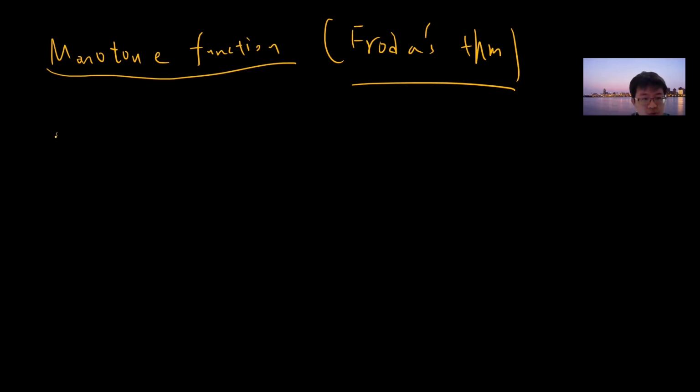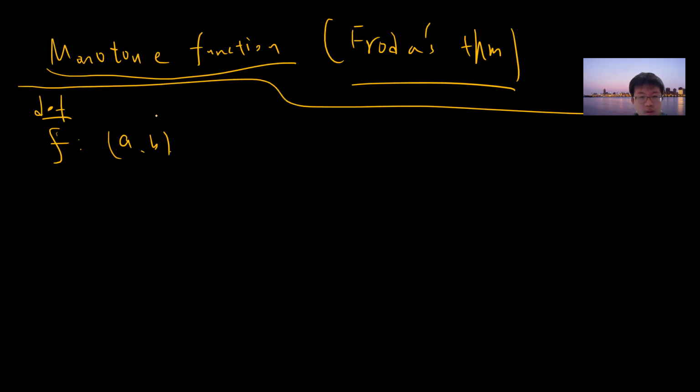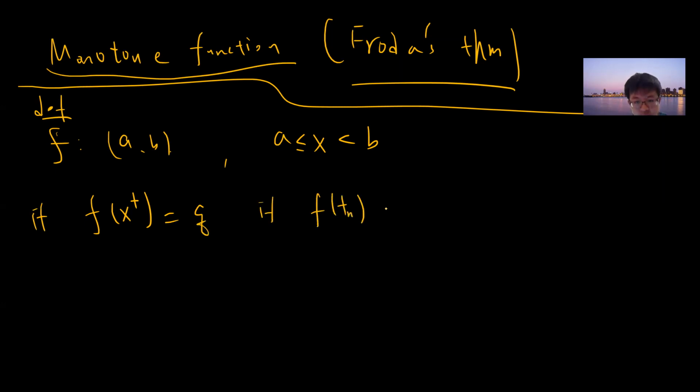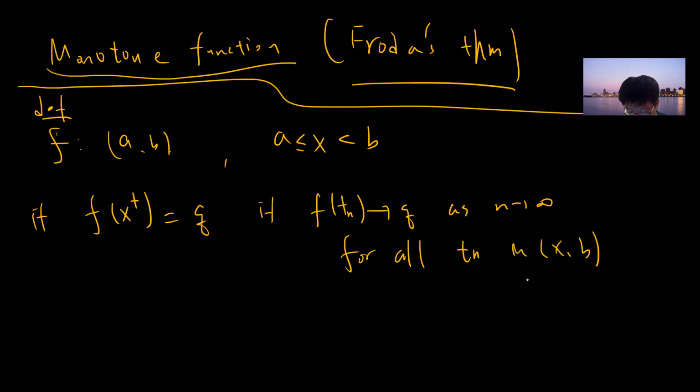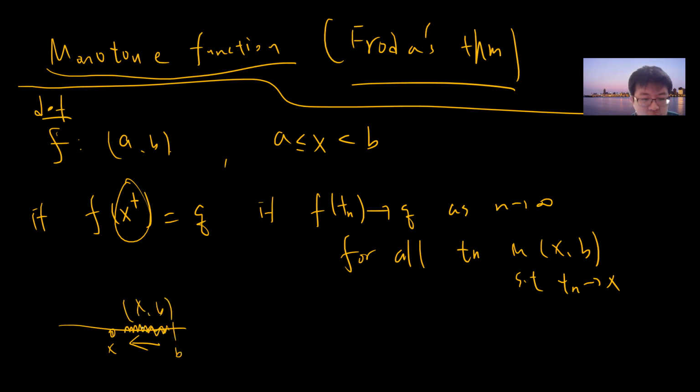Let's first define the discontinuity. Suppose f is defined on [a, b], and you consider x larger than a and less or equal to b, and you can define f(x+). If f(t_n) approaches q as n goes to infinity for all sequences t_n in (x, b] such that t_n approaches x, this means the right limit: you approach x from the right.